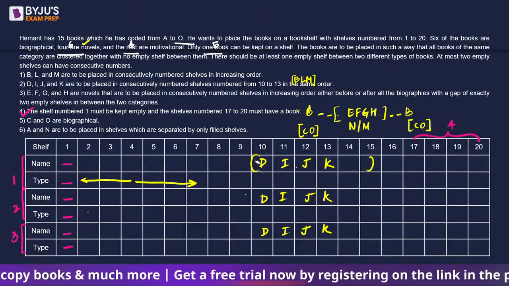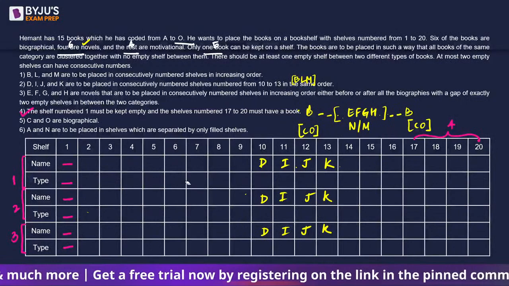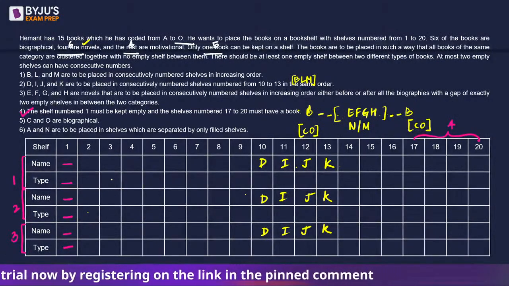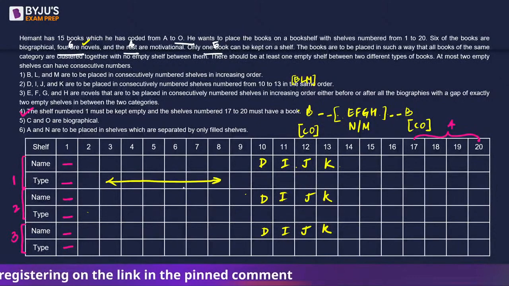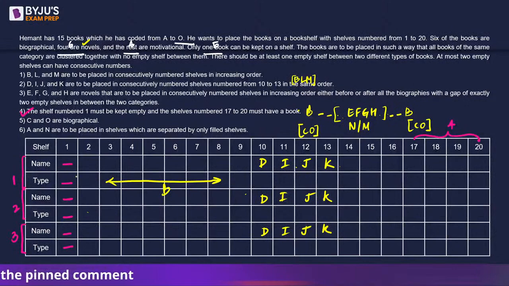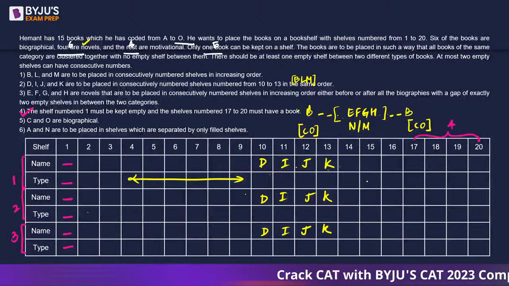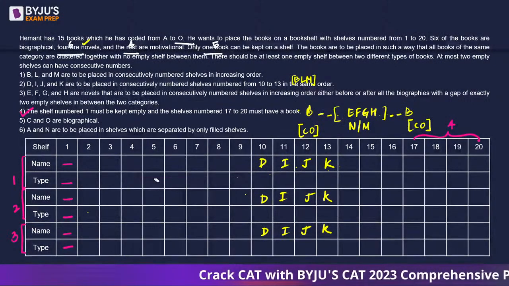So biographical books cannot be from 2 to 7. Okay? Can biographical books be from 3 to 8? No. If these are biographical books, then the books after biographical or before it's not possible. After biographical, we are supposed to put CO. If I put CO, there should be a gap of 2. So ye allowed nahi hai. I cannot shift it further to 4 to 9 because the type of books will become consecutive.